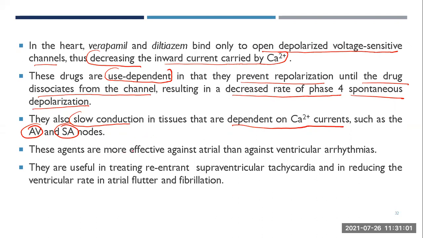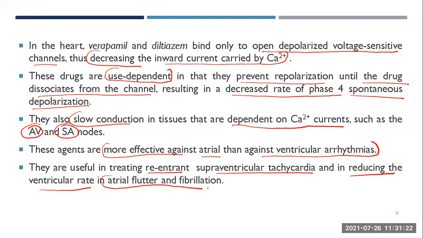Okay, so these agents are more effective against atrial than against ventricular arrhythmias. They are useful in treating reentrant supraventricular tachycardia and also in reducing the ventricular rate in atrial flutter and atrial fibrillation.